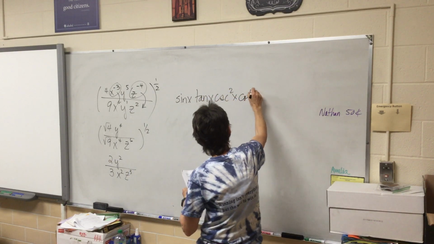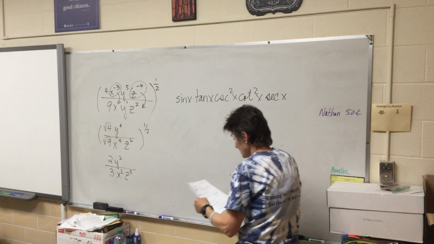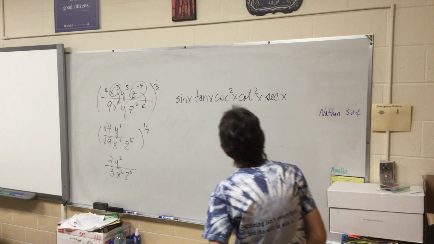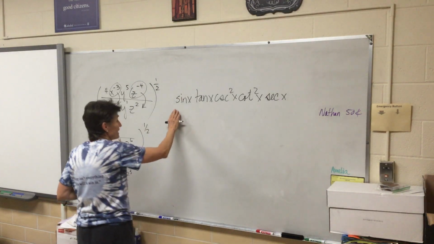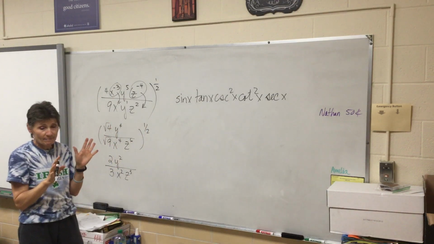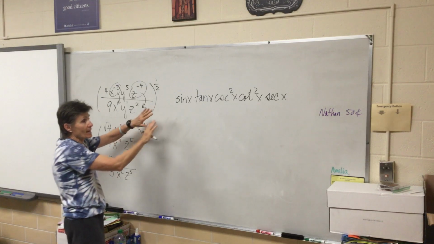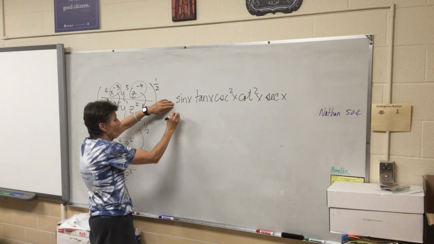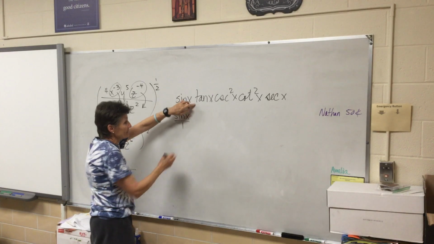All right, now we've got one of these big long problems. You remember we had one of these on a test. And we have to simplify it. Everything there is multiplication. It's all times. So let's change everything into sines and cosines. So we have sine over 1. That's already a sine, so I'm not changing it.